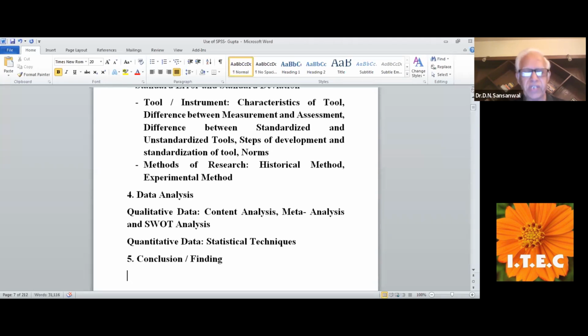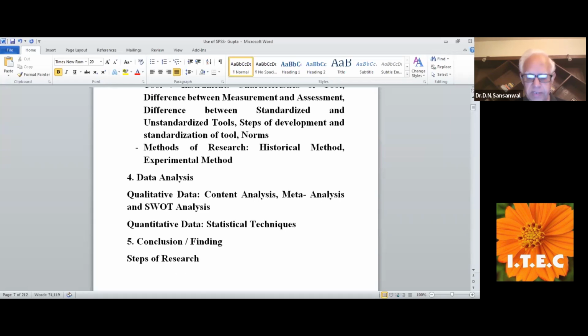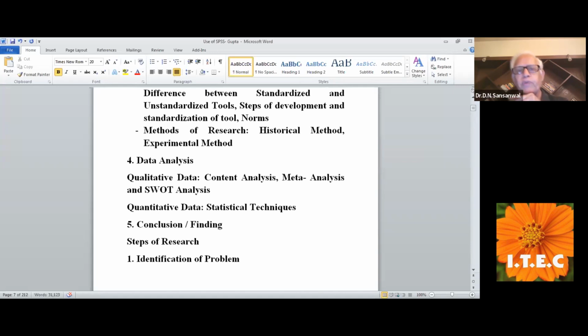So my first step is identification of problem. Now, I have already given you the difference between selection and identification. Now, in this one, as a researcher, you have to select the variable.